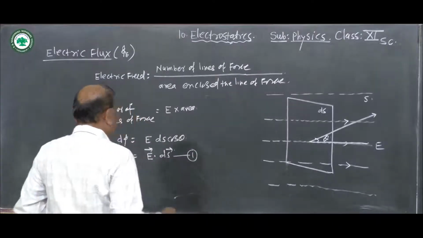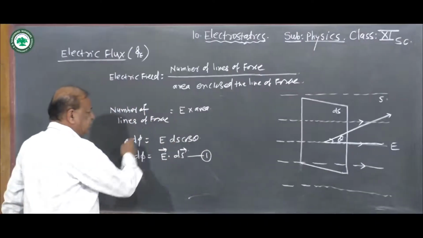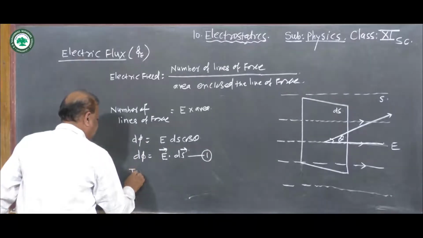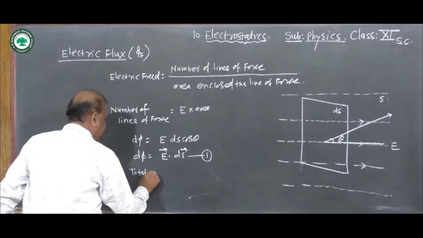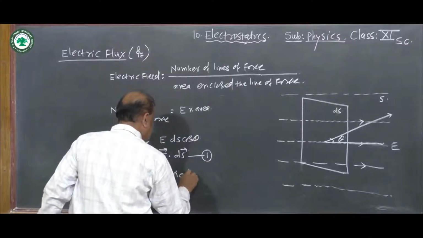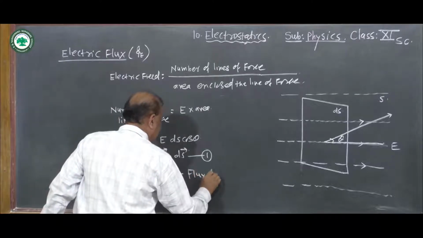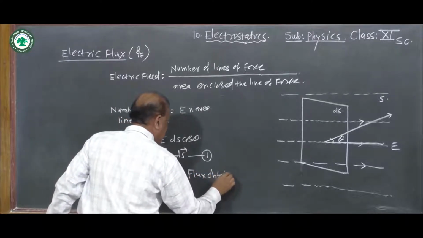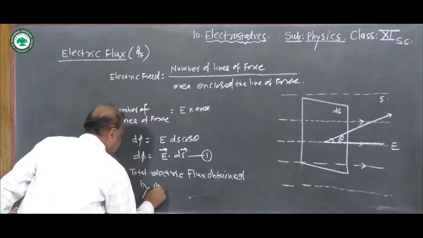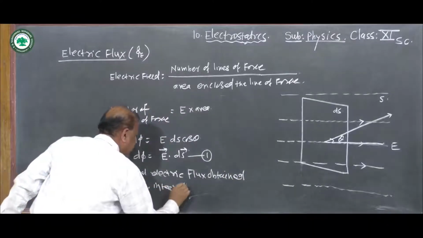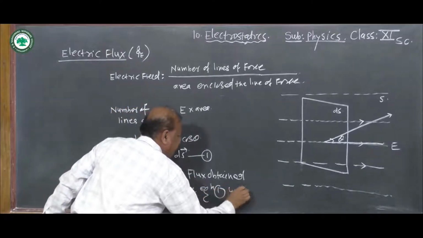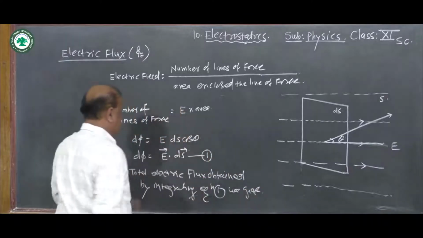We can obtain it by integrating equation 1, and therefore the total electric flux is obtained by integrating equation 1.